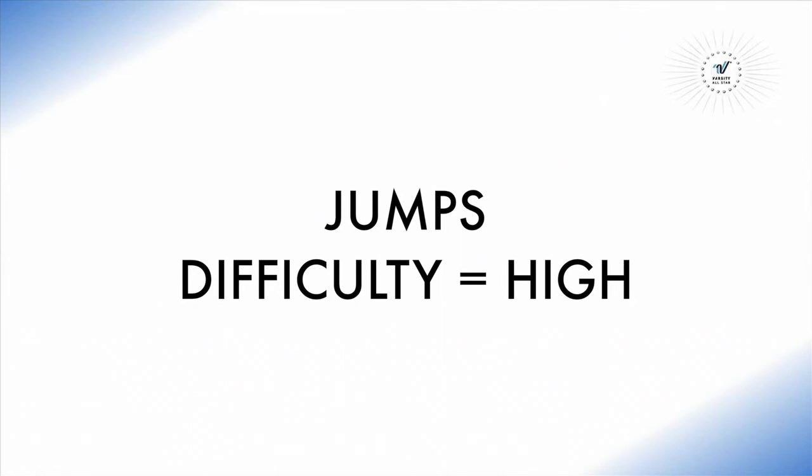Now remember, the technique score is independent of the difficulty score. So it's possible for teams to score in the high sub-range for difficulty, but in the medium or low sub-range for technique. Judges, remember, jumps is one of the categories that we are applying skill caps. What this means is that a team that performs more than 4 jumps won't have a positive effect on their jump difficulty score.